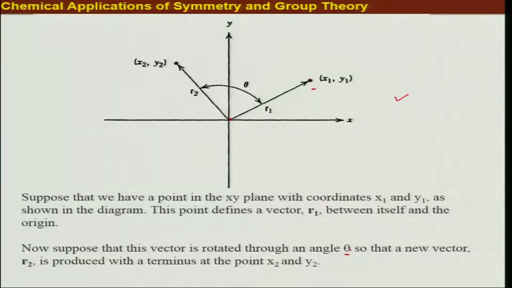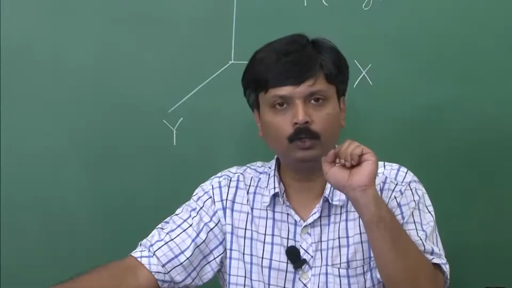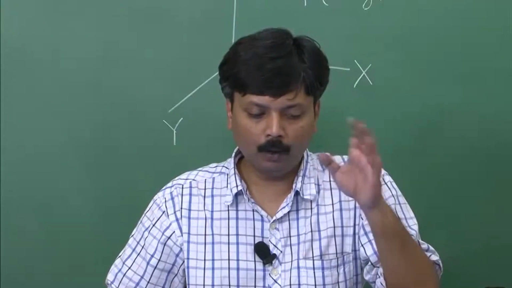So that we get a new vector whose corresponding radial vector is r2, and the new points are x2, y2. So with that setup, we will try to inquire about how the final coordinates x2 and y2 are related to the original coordinates x1 and y1, and also the angle theta. So we can work this out.